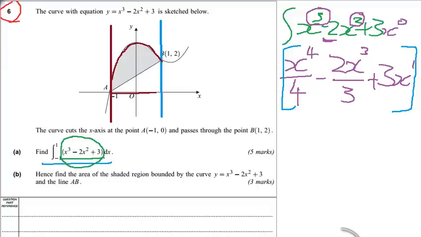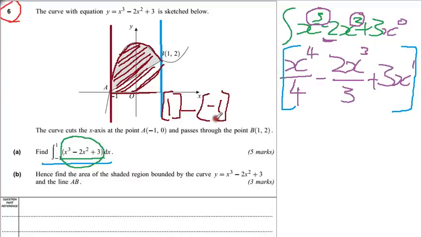There we go. So everything under there is what we are going to get if we integrate from 1 and then take away what we get at minus 1. Right, so we'll go brackets 1, take away what you'd get at minus 1.